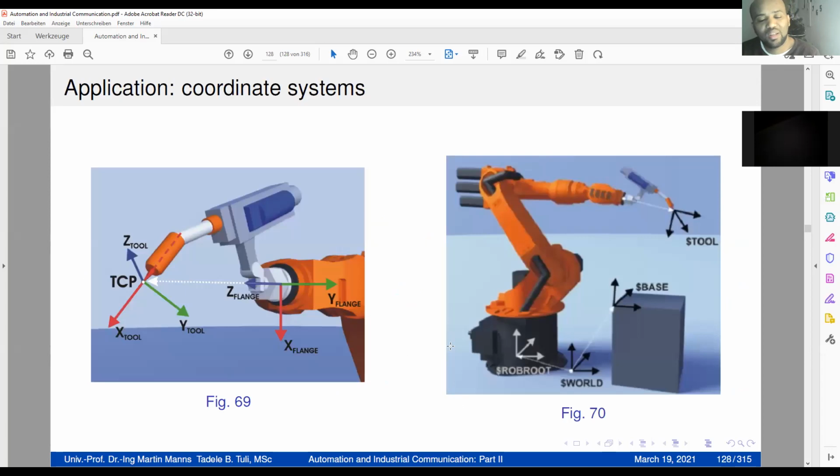I expect you will start to think: what is this rotation matrix, what is this vector, why do I multiply 3 by 3, 3 by 3, and then finally 3 by 1? Maybe you think it's something complicated.